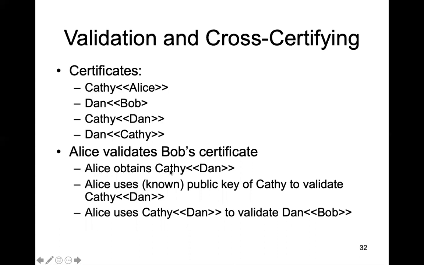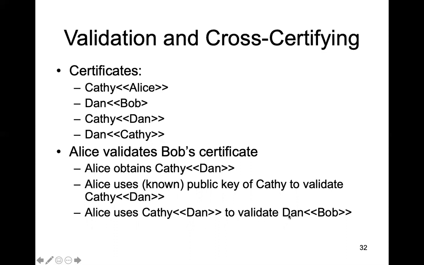Alice would obtain from Kathy Dan's public key, and because Alice trusts Kathy, she knows that Dan's public key is correct, because Kathy is saying so and she trusts Kathy. And then Alice uses Dan's public key, which Kathy has then certified, to then go and validate Bob's public key, which has been signed by Dan.